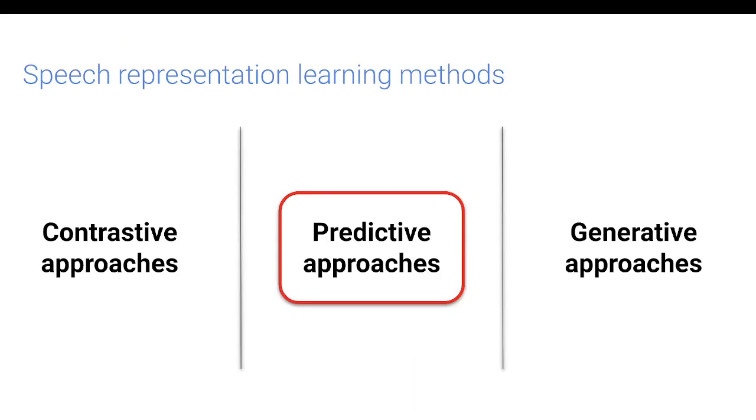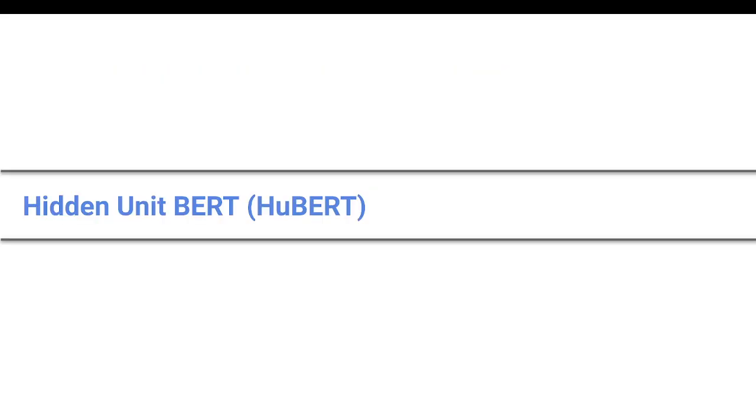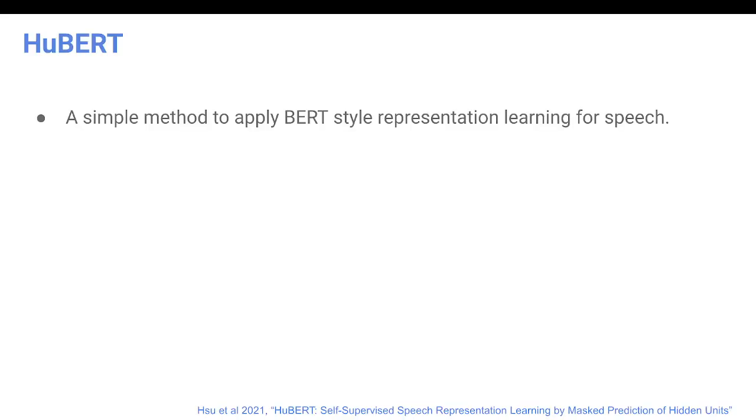The second family of approaches I'm going to talk about are predictive approaches, starting with HuBERT, or Hidden-unit BERT. The key idea for HuBERT was that it should be a simple method to apply BERT-style representation learning to speech, because we know that we do not have a dictionary in speech given the continuous nature of the input, and we do not know the segmentation of it, so we cannot directly apply BERT.